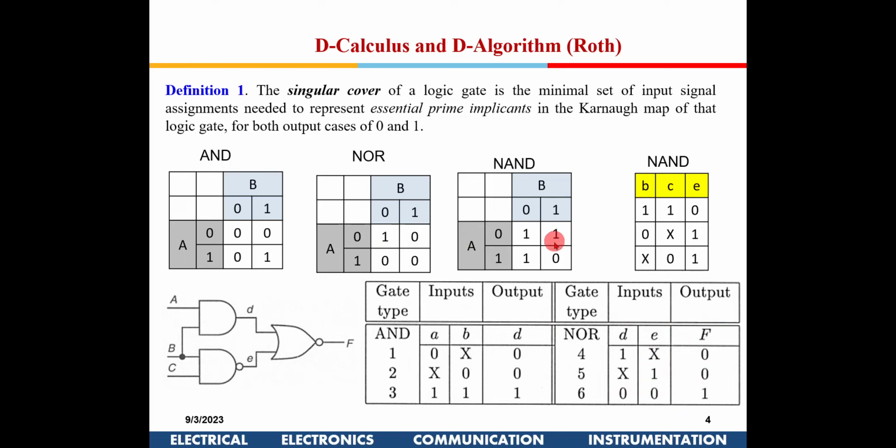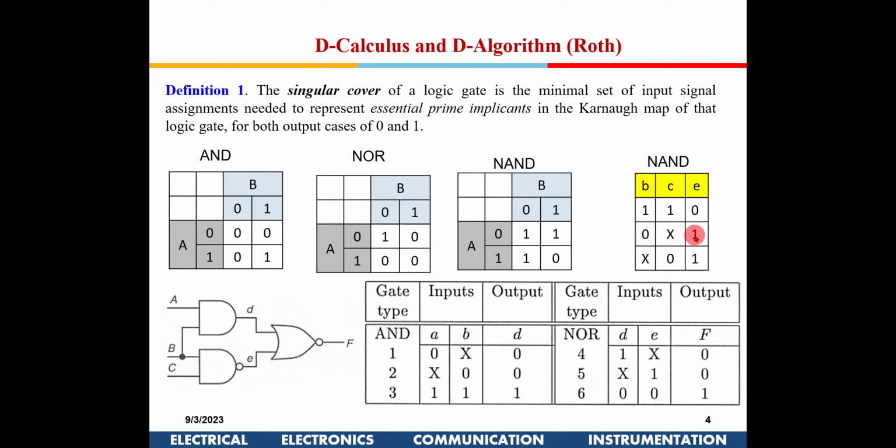And similarly for the NAND gate, 1 1 would give 0. So 1 1 would give me 0, and the other two combinations: this combination, where B is 0 and A could be X, or this top combination, in which A is 0 and B could be anything.